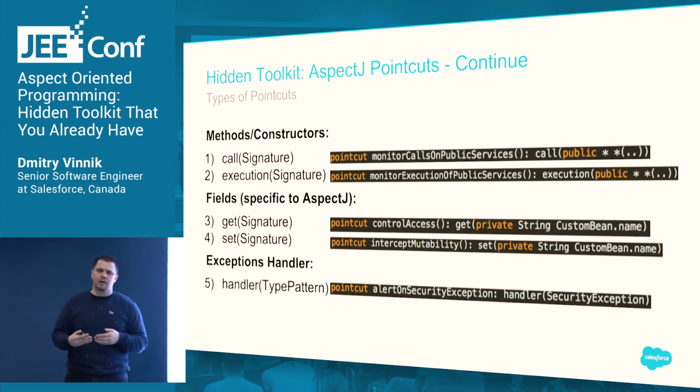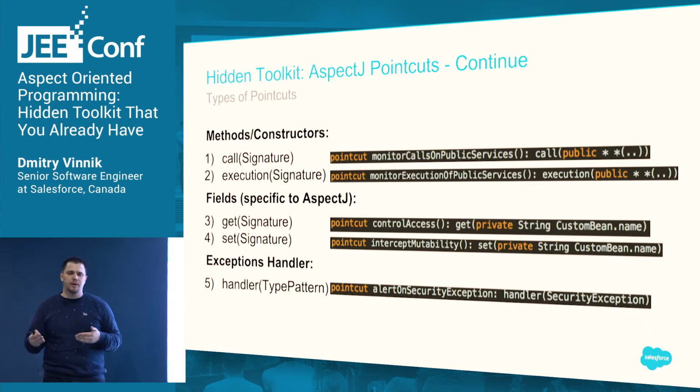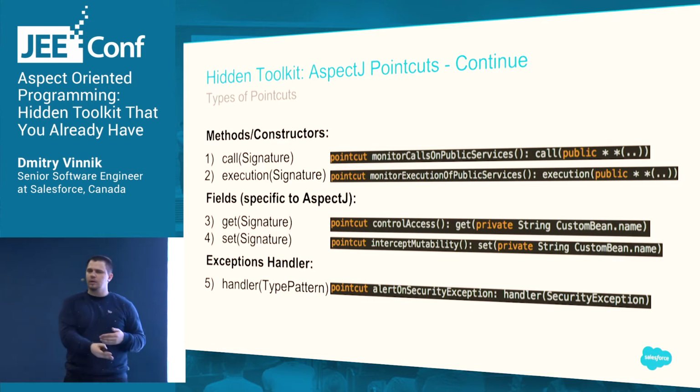In terms of pointcuts and their types, you can summarize them in three main types. The first one is methods and constructors binding. Basically, the call and execution types are similar. I'm not going to go into details unless there's a question afterwards. But basically, it's all about binding to an operation of some sort.